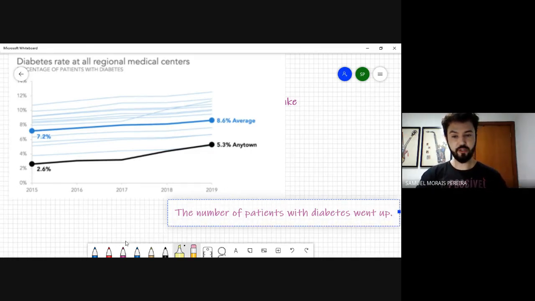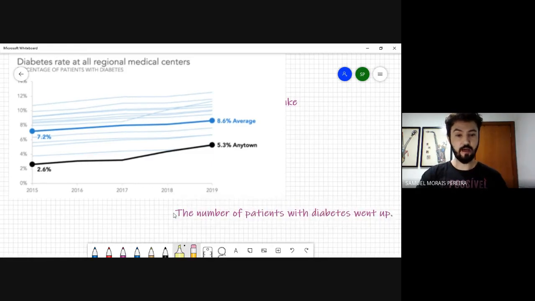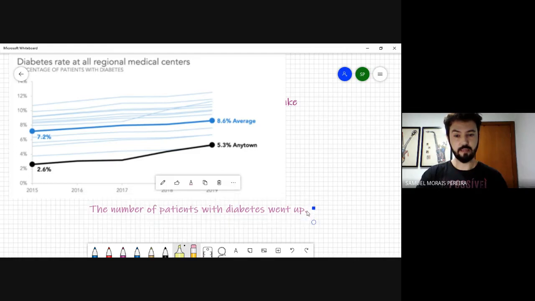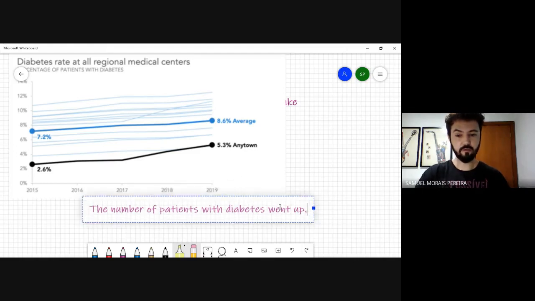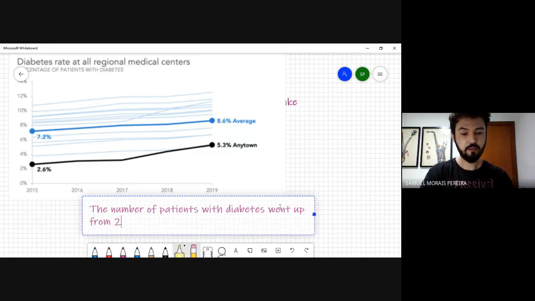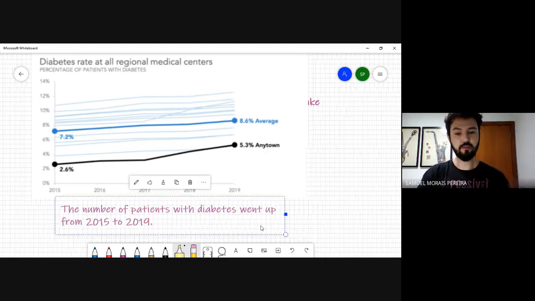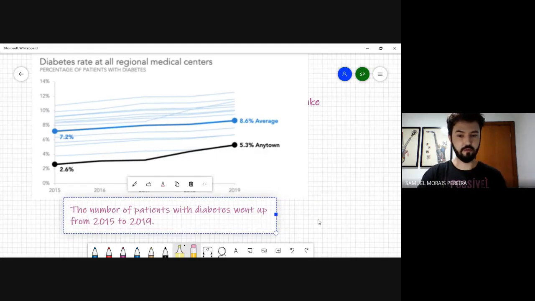So the number of patients with diabetes went up from 2015 to 2019. Eu poderia completar aqui fazendo uma referência ao intervalo de tempo, ó, from 2015 to 2019, né? I can conclude it, but just by taking a look at the graph, okay?